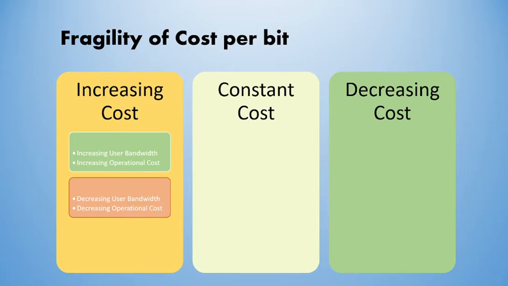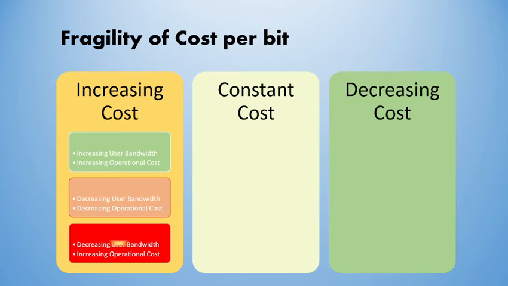The main problem here is why the user bandwidth requirement is decreasing, even though your operational costs are in control. You are controlling the cost, your costs are decreasing, but maybe your users are not getting the benefits of it, or maybe some other reason. So why are your users using less data even though your costs are going down?